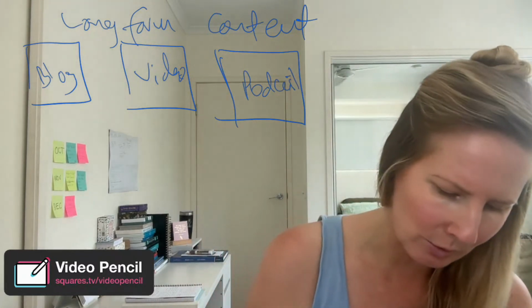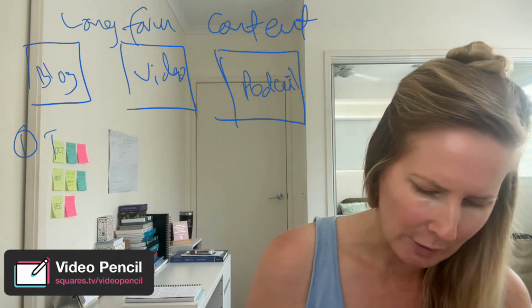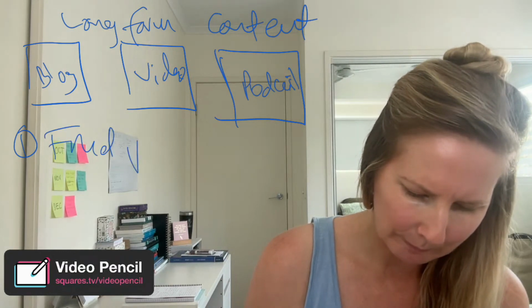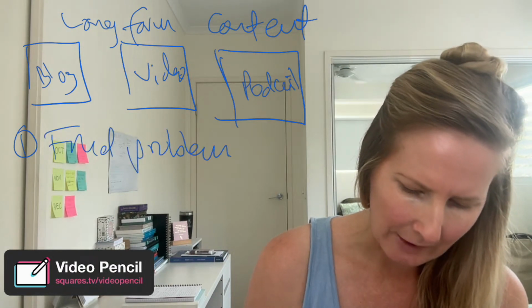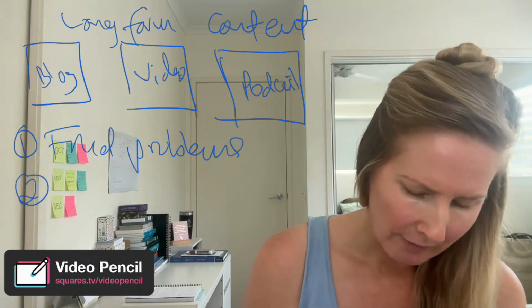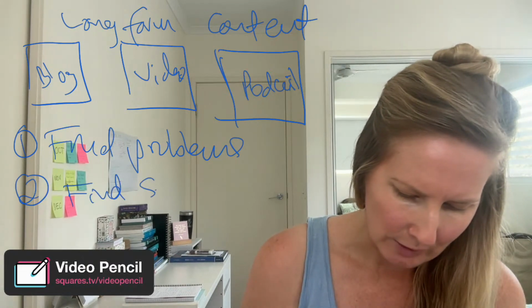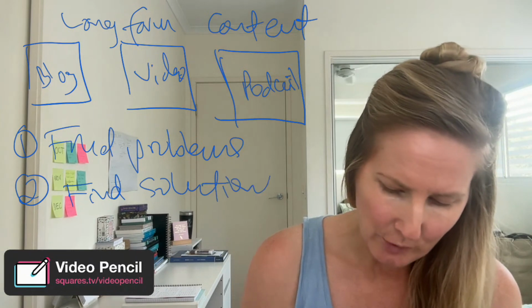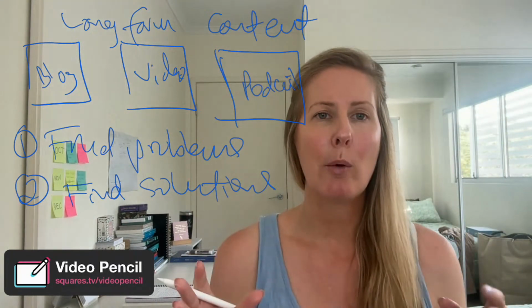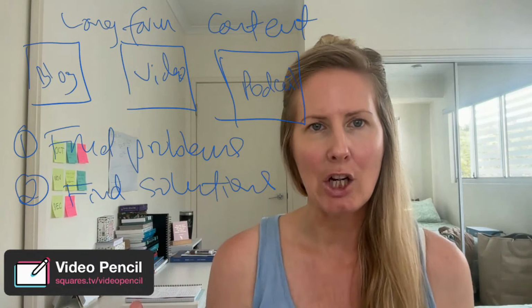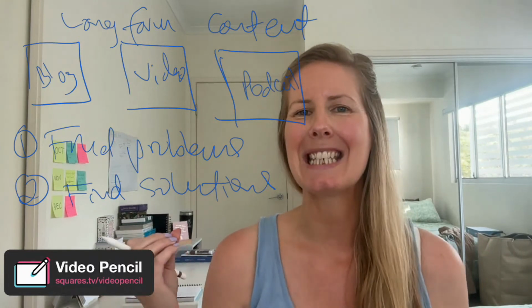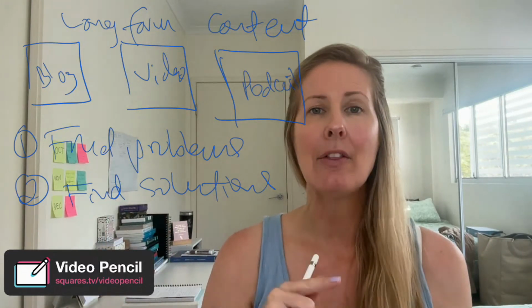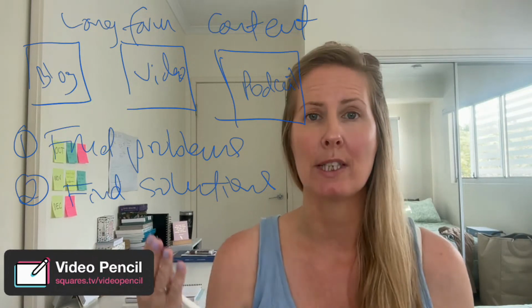So we are going to, number one, find problems. And then two, find solutions. And we do that by ensuring that we are only creating content that our audience is going to then either join our email list or purchase our offers.